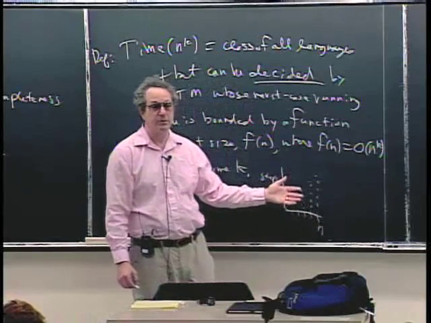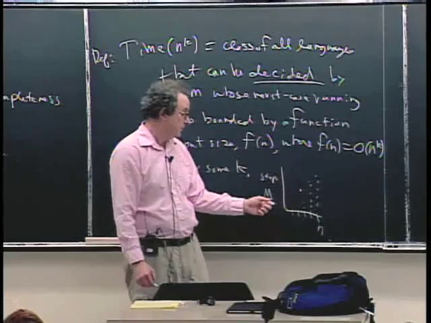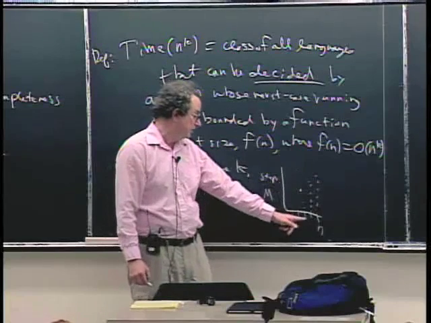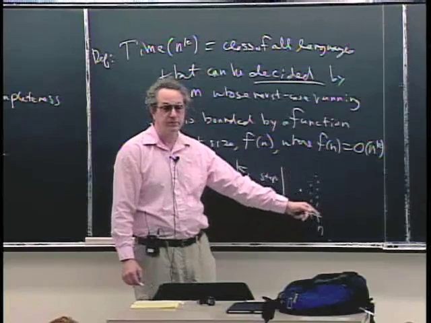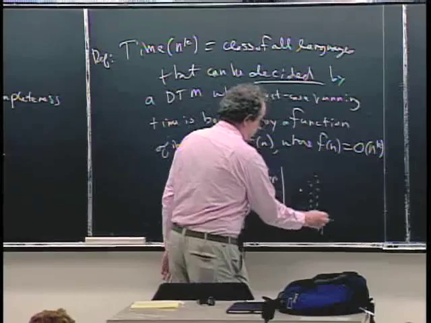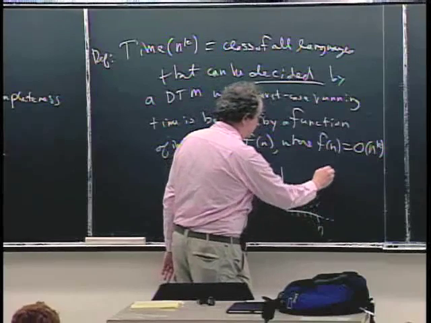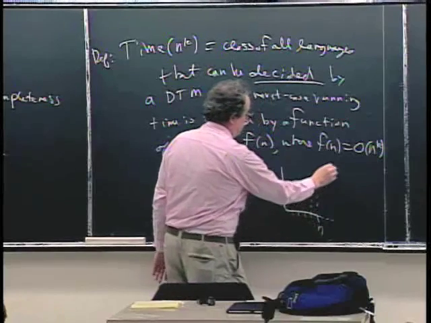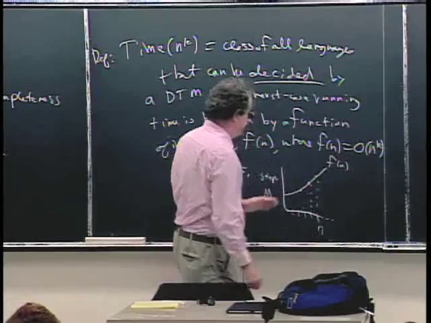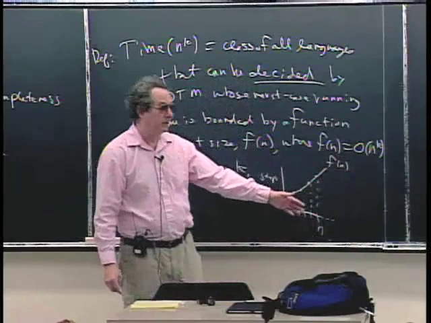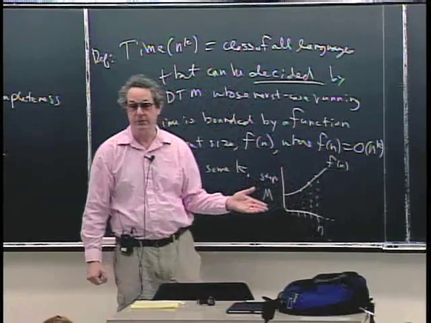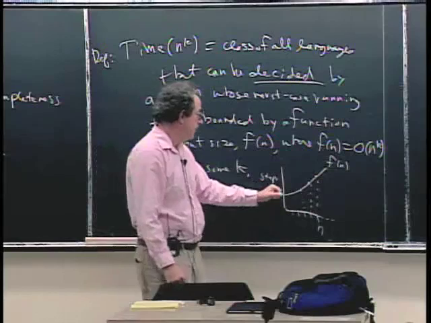These dots represent all possible inputs to this Turing machine. And some of those inputs have length 3, some have length 4, some have length 5, and so on. And then f of n, it's the max for each of these. So this is what f of n is. As a function of the input size, it's the maximum number of steps that that Turing machine takes. Okay? That's f of n.